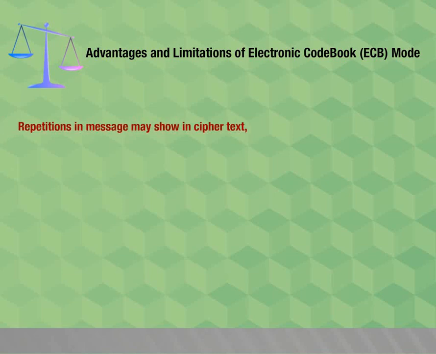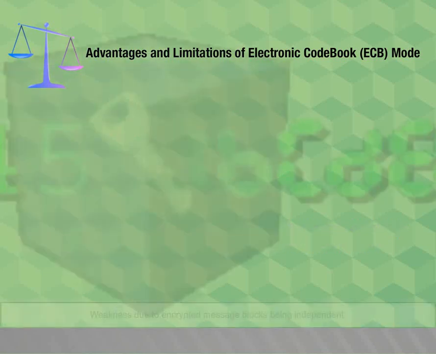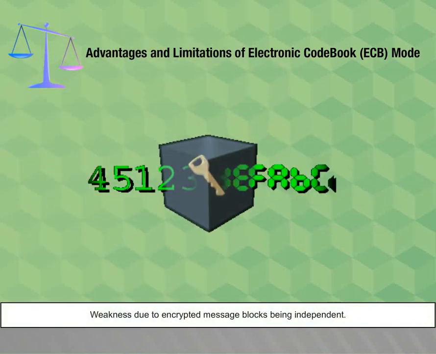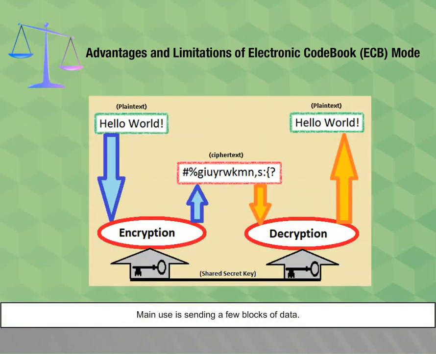Repetitions in a message may show in ciphertext if aligned with message blocks, particularly with data such as graphics or with messages that change very little, which becomes a codebook analysis problem. Weakness is due to encrypted message blocks being independent. Main use is sending a few blocks of data.